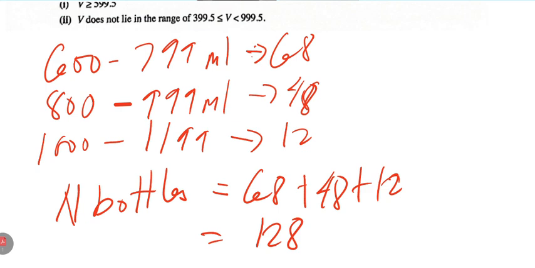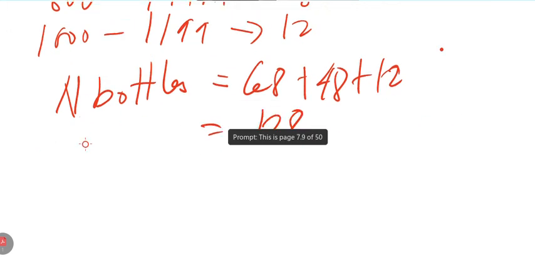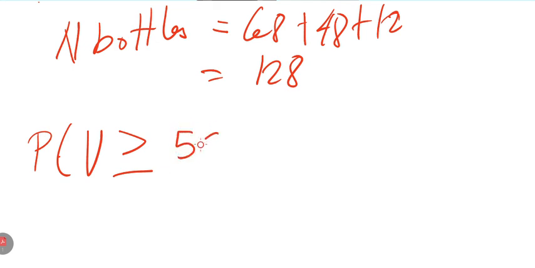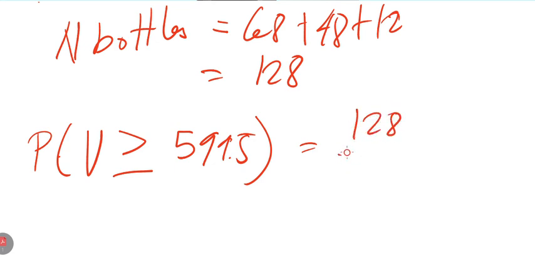Now, let's calculate the probability of V greater than or equal to 599.5. That's equal to 128 over 240.